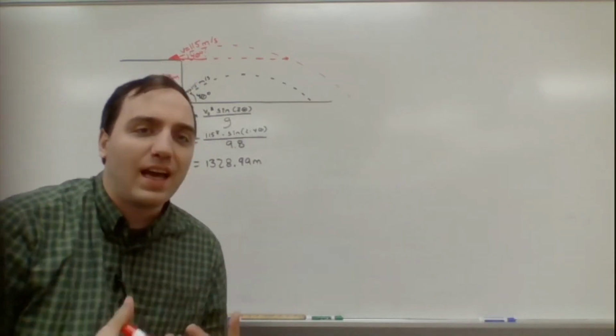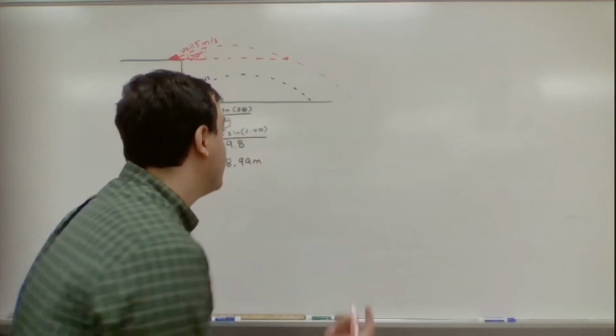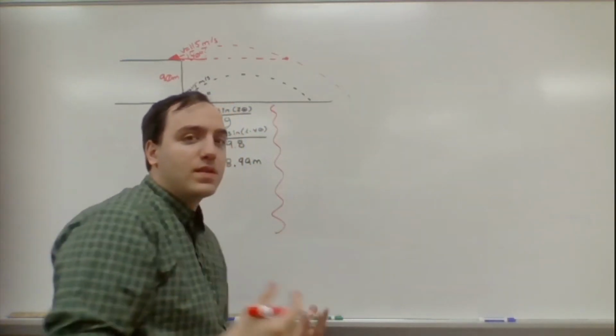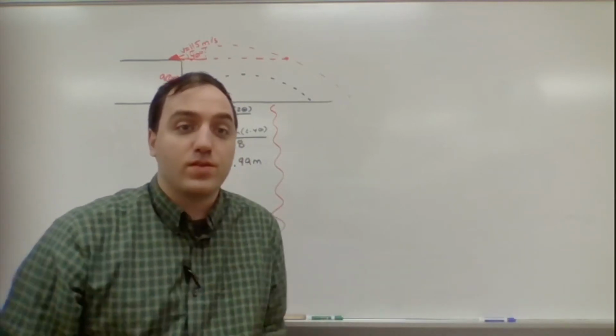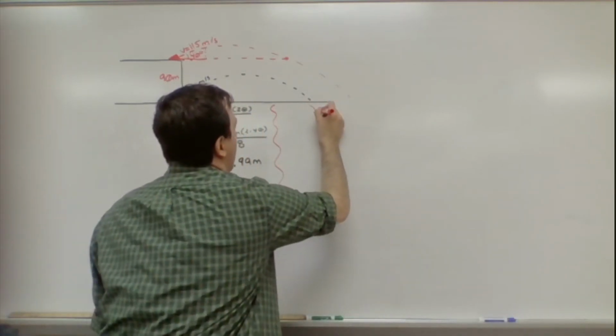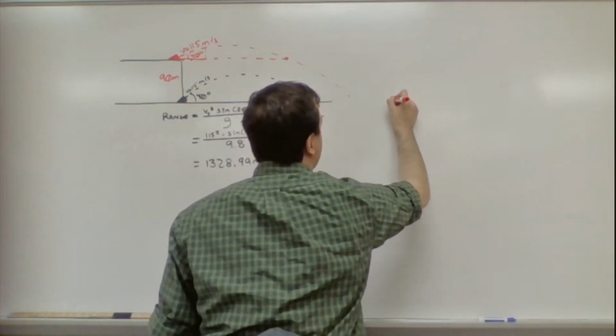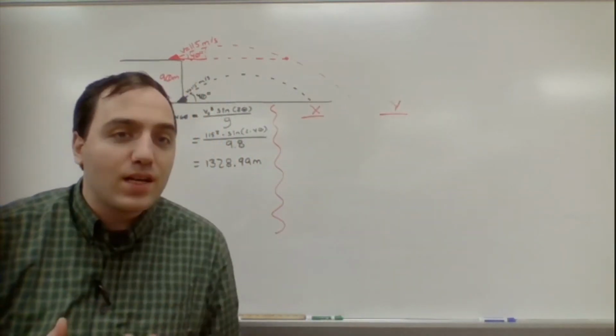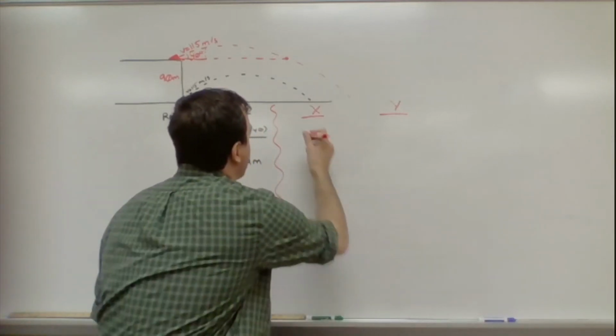Well, how does this look? How does this work out? Well, just like previously, we'll have x and y variables. So let's just do that now. X, y. For the x direction, we're looking for how far it goes.